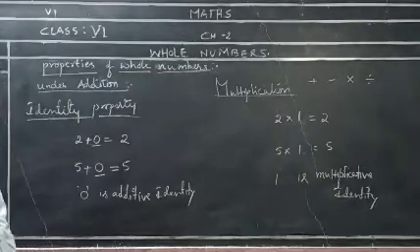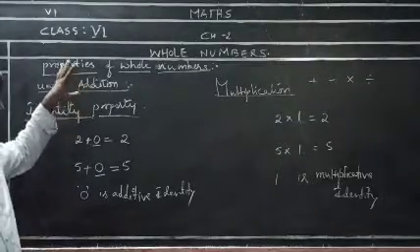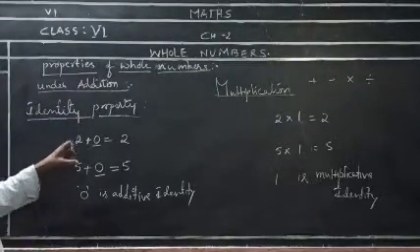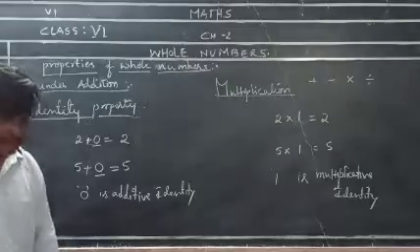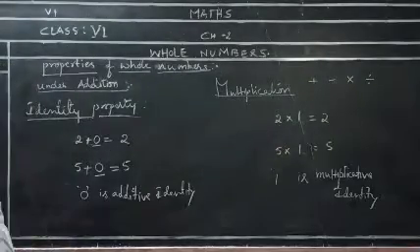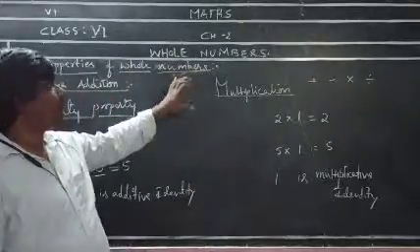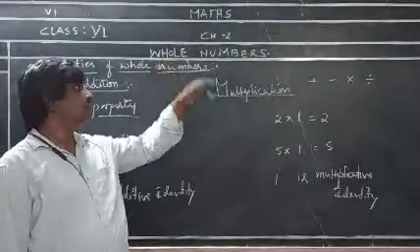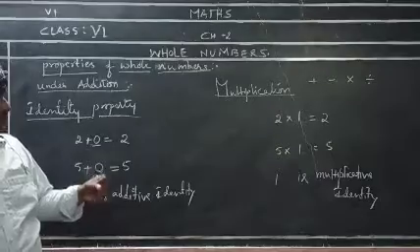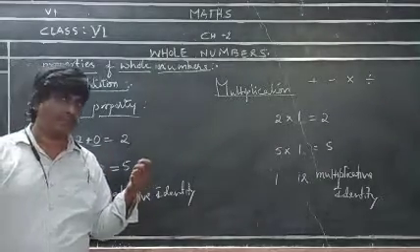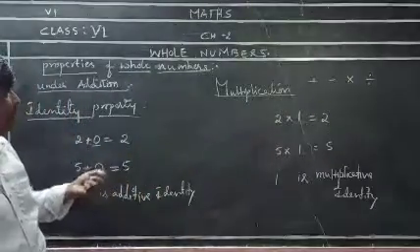By using these 4 things, we can complete the whole exercises in the topic. These are the main concepts involved in this lesson 2. In lesson 2, that is the whole numbers, the smallest whole number is 0. That means the numbers which start from 0 are nothing but whole numbers.